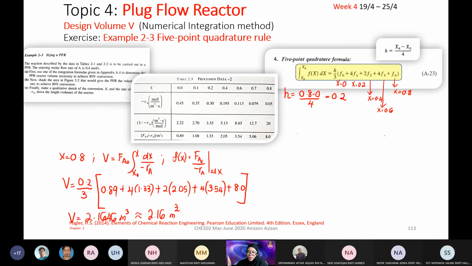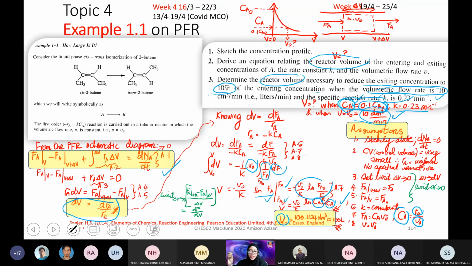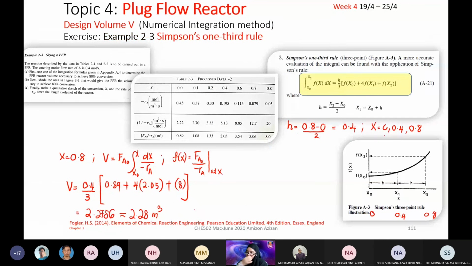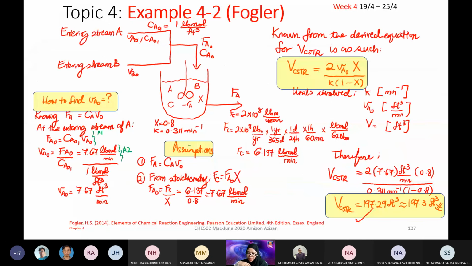So meaning for a plug flow reactor, it only needs 2.16 meter cube if you choose a 5-point quadrature rule. But for a CSTR, it needs at least, sorry, the lagging of the slide, at least 197. All right, so this is the proven example with the same condition. It needs more volume by using the CSTR in comparison with the plug flow reactor. All right. Okay, you may try this at your own pace.